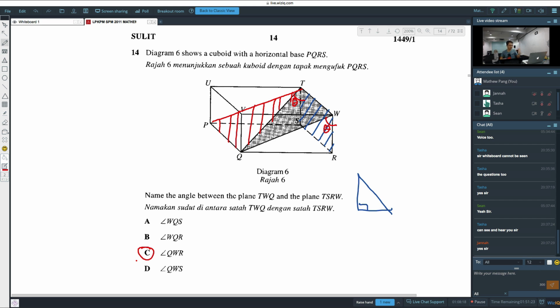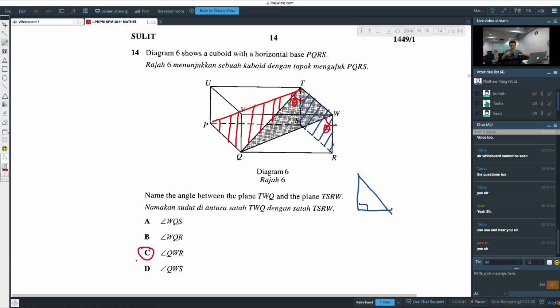Okay, because just imagine, let's say you have a plane like this, and then you have another plane that stops like this. You want to find the angle in between. So the angle is definitely in between here, between the two planes.